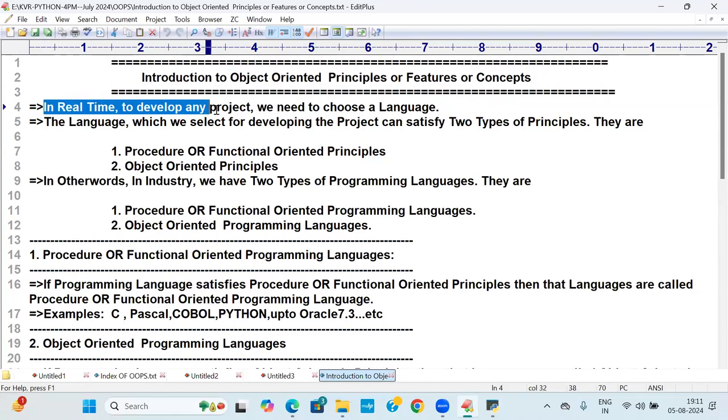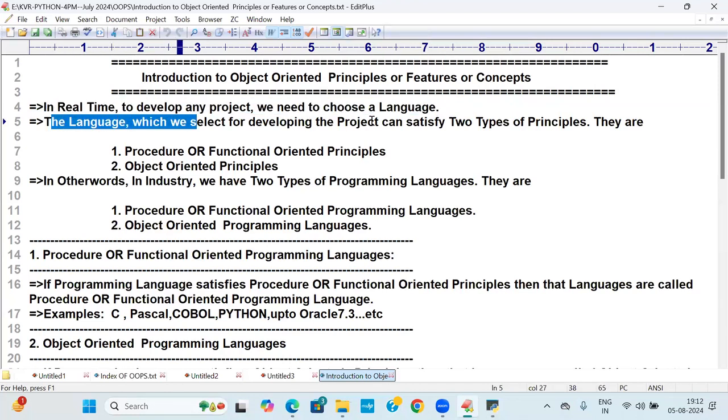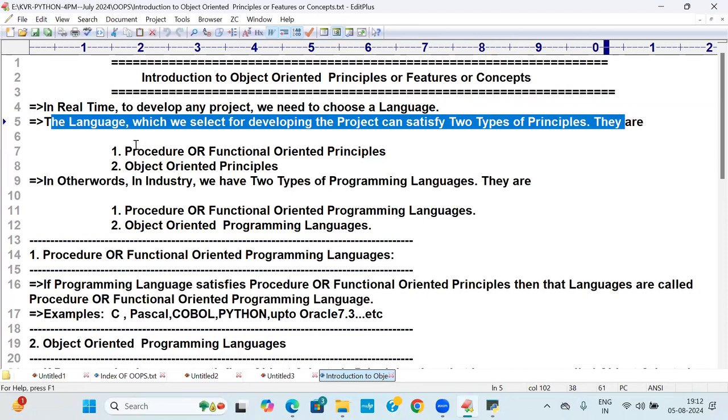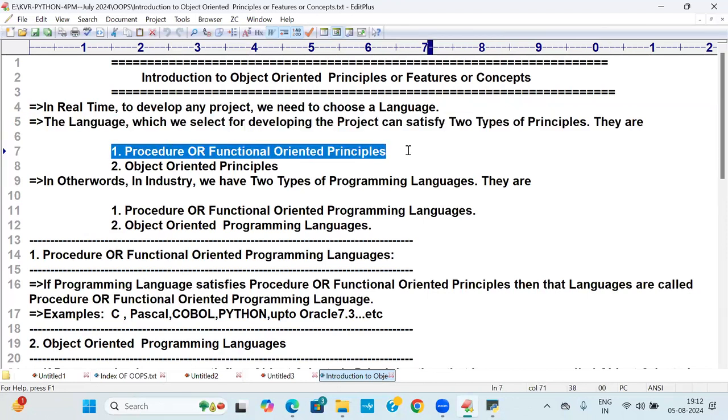Now, in real time, to develop any project, we need to choose a language. The language we select for developing the project can satisfy two types of principles: procedure oriented or functional oriented.